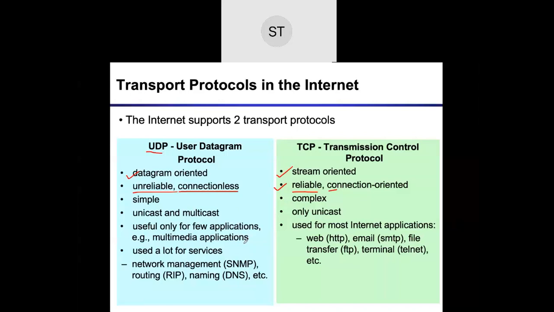Both the protocols are taking the services of IP, and what we have studied in IP is connectionless and unreliable. And while looking at the difference, for UDP I am saying that it is connectionless and unreliable, but for TCP, what I am saying is connection oriented and reliable. So it will give me a guarantee that packets will come sequentially and first it will establish the connection. We'll see that. It is very interesting.